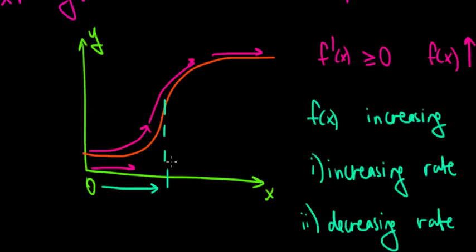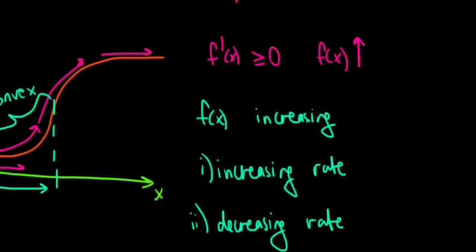That's why we call it a convex function, a convex range, better said. This is a convex range. The function is increasing at an increasing rate. And when the function is increasing at an increasing rate, the second order derivative is positive. So the rate of change of the increase of the function is positive. Second order derivative is positive.